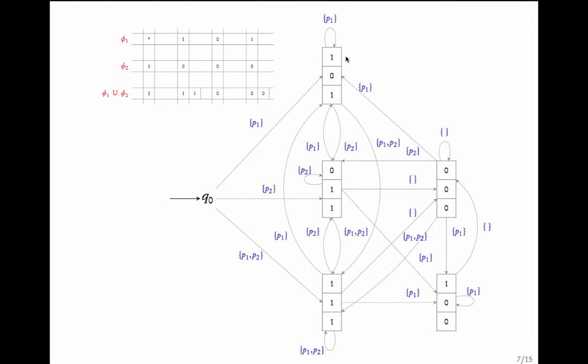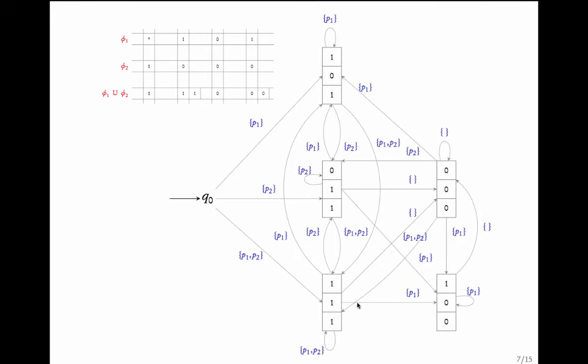However, by doing this construction, we have still not satisfied the eventuality condition. For example, this word P1, P1, P1, P1 and so on is a word which is not in the language, and this is not an accepting expansion because it does not satisfy the eventuality criterion.